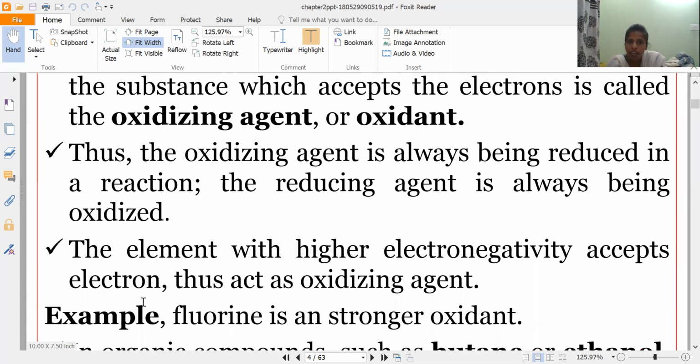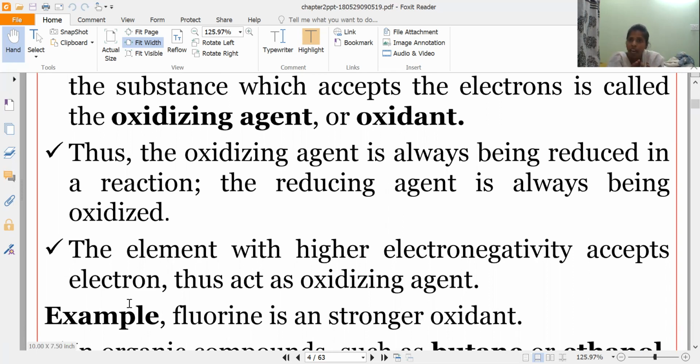The element with higher electronegativity accepts electrons, and thus acts as the oxidizing agent. If the electronegativity is more, it has more attraction towards the electrons, so it gains the electrons. Gaining electrons is nothing but reduction.